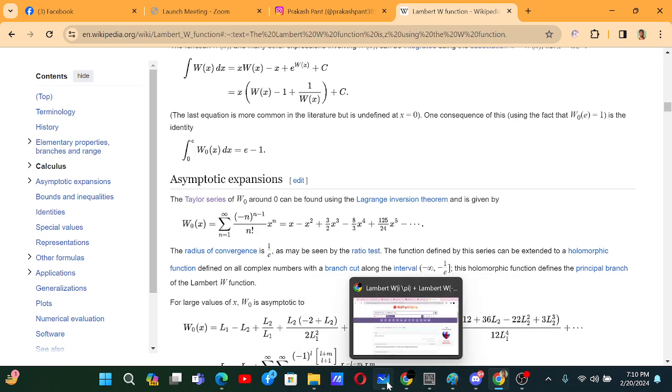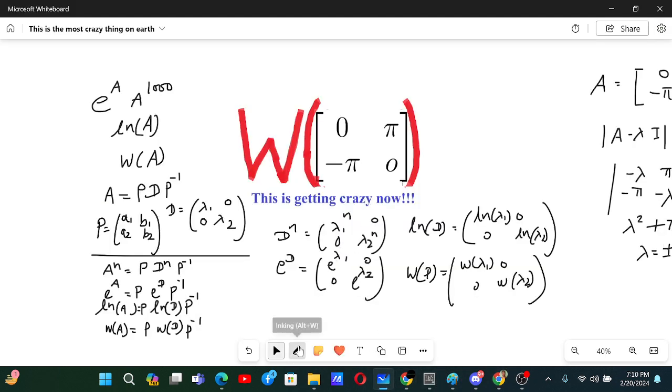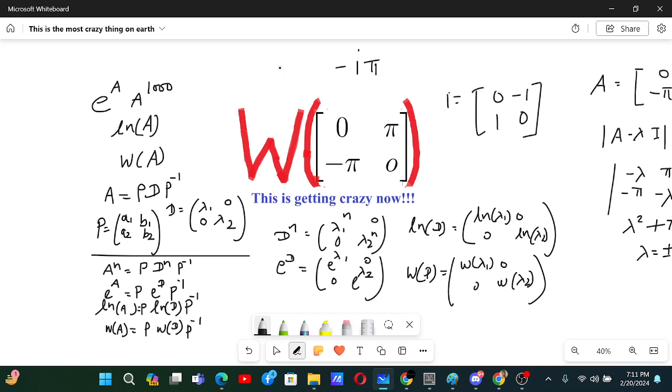And my guess was, because this matrix is just negation of i pi, because i is just 0, minus 1, 1, 0. So I was basically taking Lambert W of minus i pi.